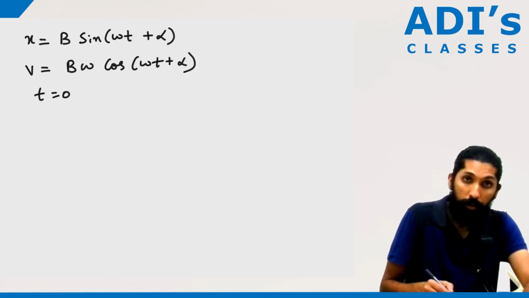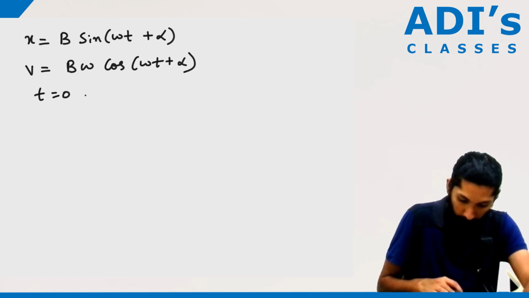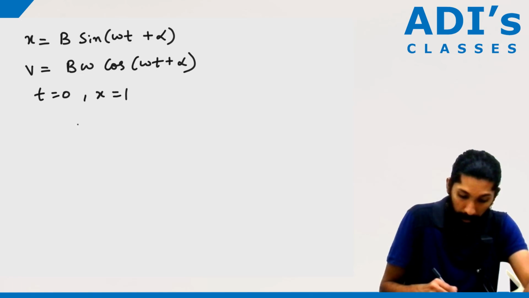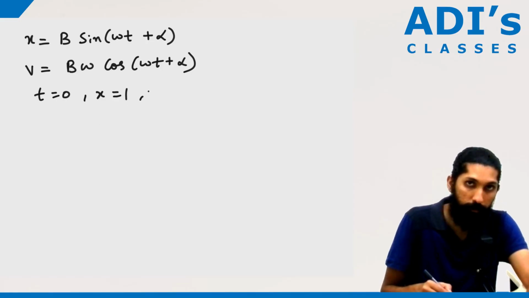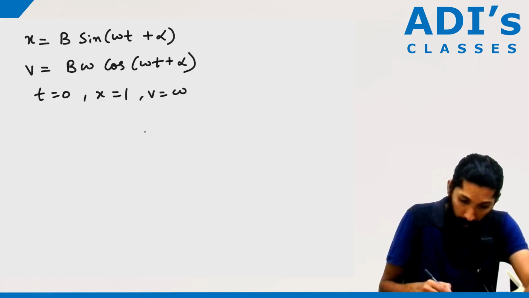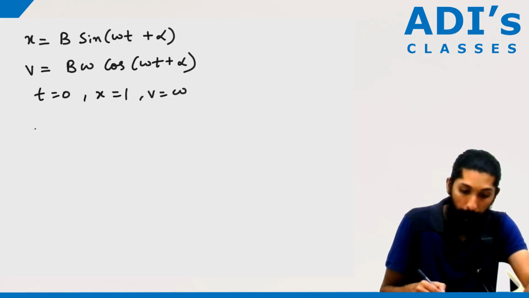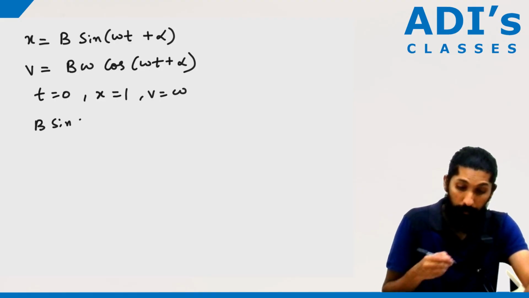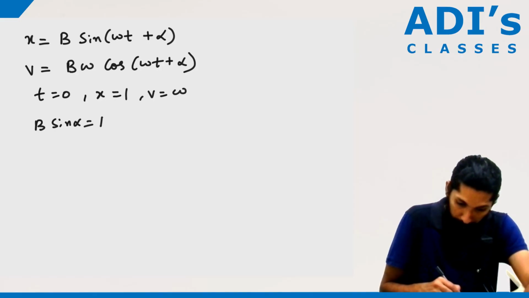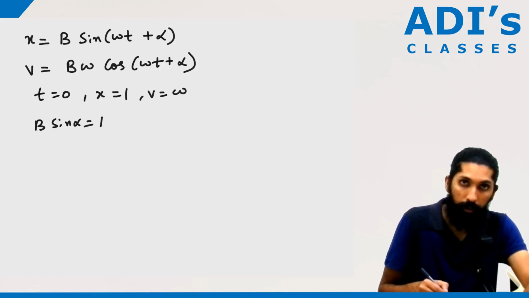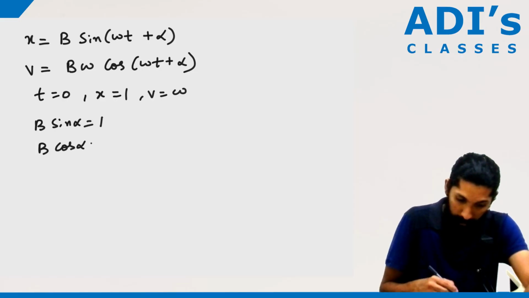Again at time t equal to 0, use the same logic as for cosine. x of 0 is 1 and v is equal to omega. So we get b sine alpha is equal to 1, and from the velocity, b cos alpha is equal to 1.